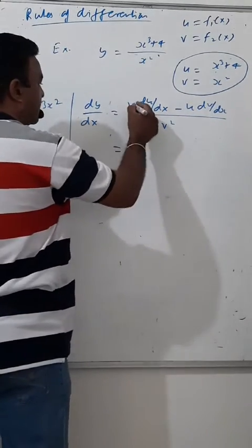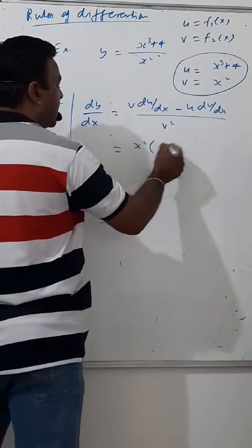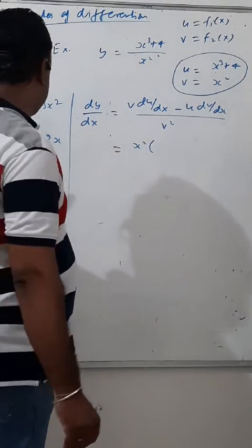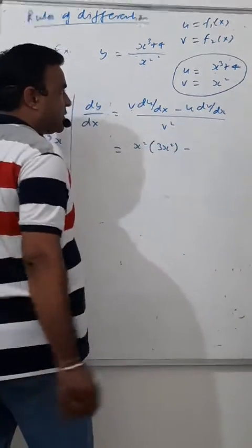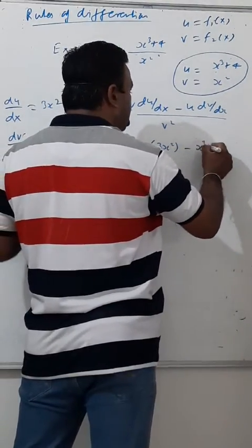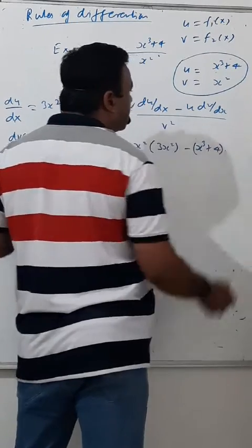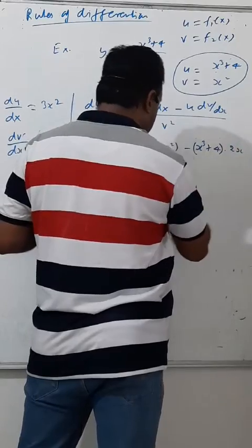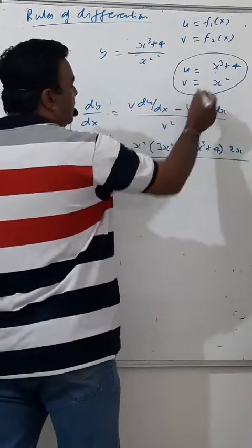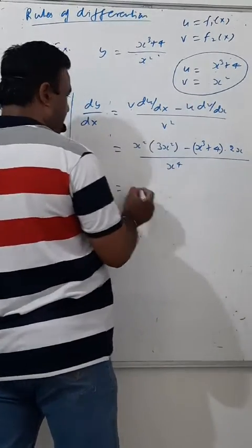Now it is v as it is, x cube plus 4, times du by dx, 3x square, minus u, x square, times dv by dx, 2x, upon v square, which means x^4.